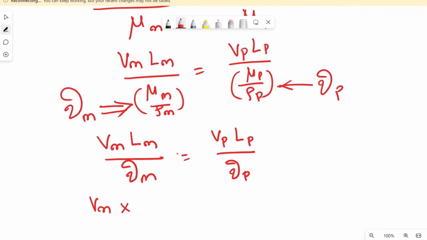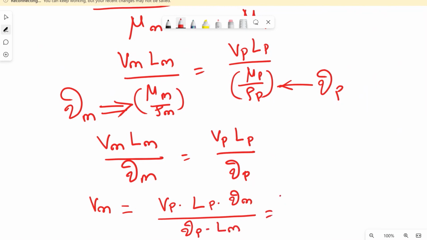So how will I solve this? What I want, I am already clear: V m is equal to, if I take this to the other side, V p L p into nu m divided by nu p into L m.